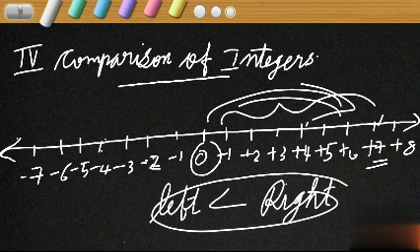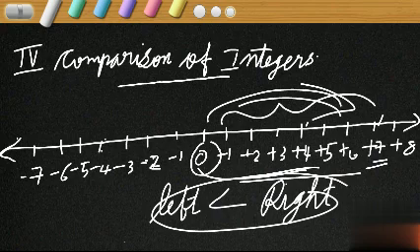Yes, all positive integers are greater than 0. Why? On the number line, all positive integers are on the right side of 0. So we can say that all positive integers are greater than 0.